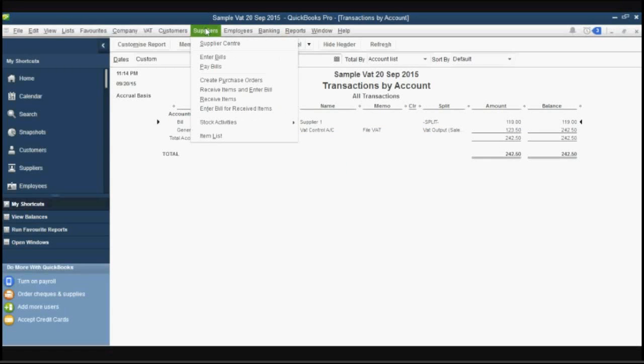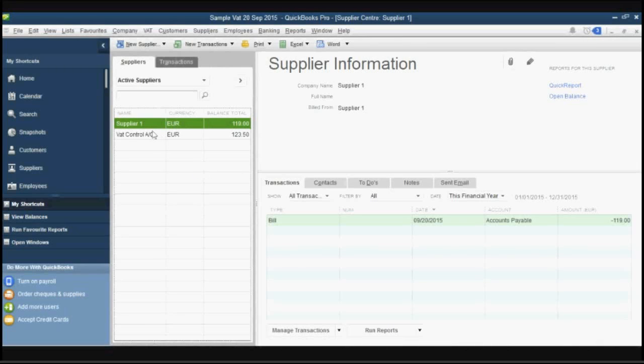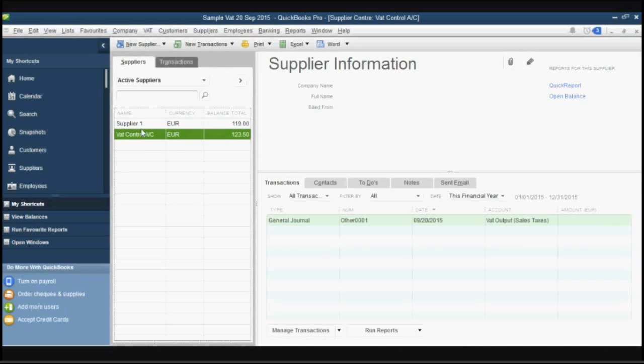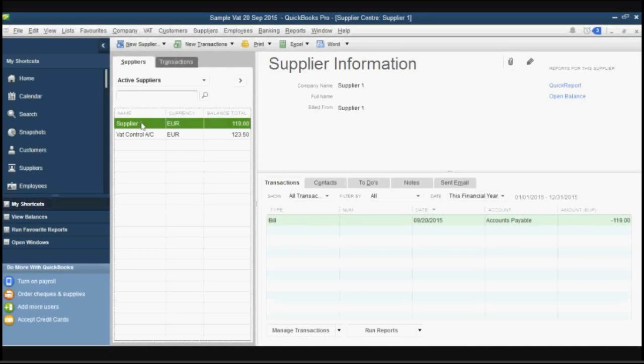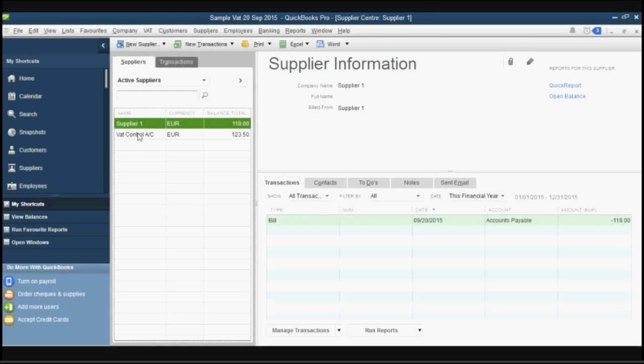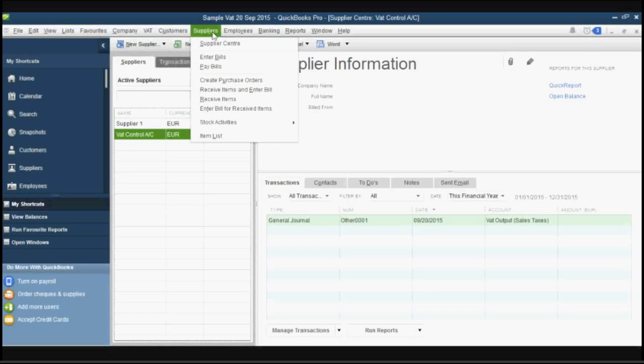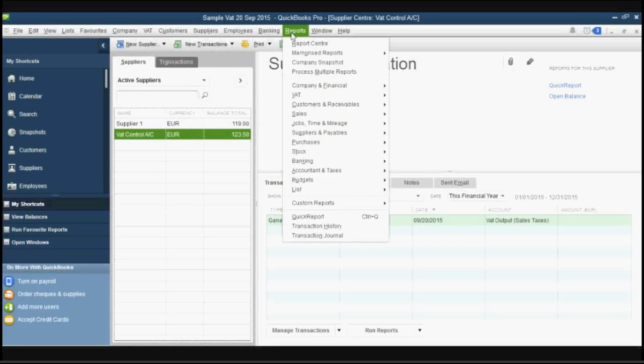If we go to the supplier center, it's clear that we owe the VAT authorities 123.5. It's very clear there. The first supplier is the supplier who sold us item number 1, and there is another report in QuickBooks where you can see the supplier balances.